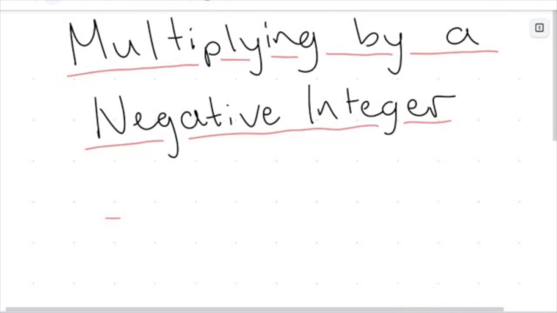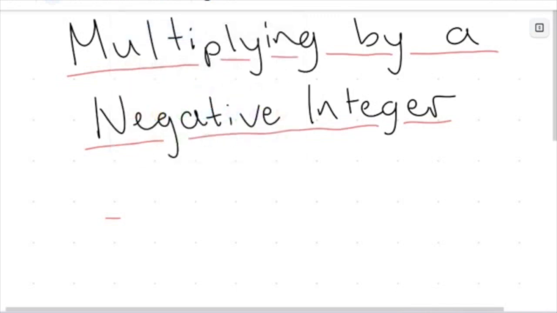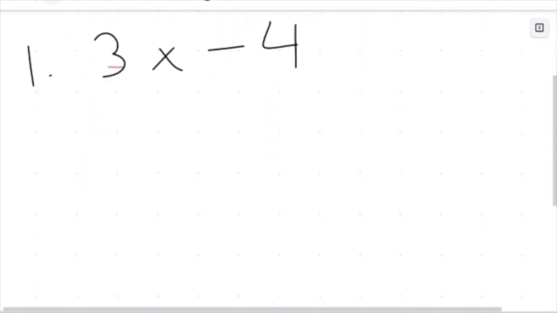So, let's do, for example, 3 times negative 4. Now here you can see there's a negative involved, but I'm still taking 3 lots of this number.